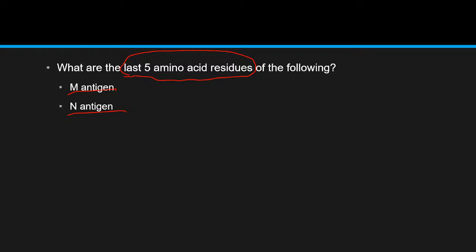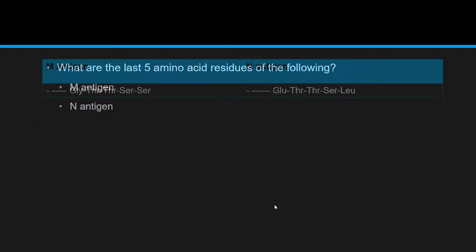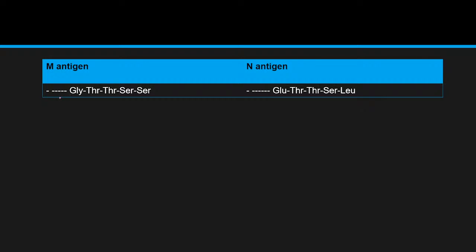And for the N antigen, it's glutamine, threonine, serine, leucine, which makes these two antigens differ from one another. This is summarized here. It's actually a long chain of amino acids, but the last five are the most important because they are the antigenic or immunogenic portion of these two antigens.